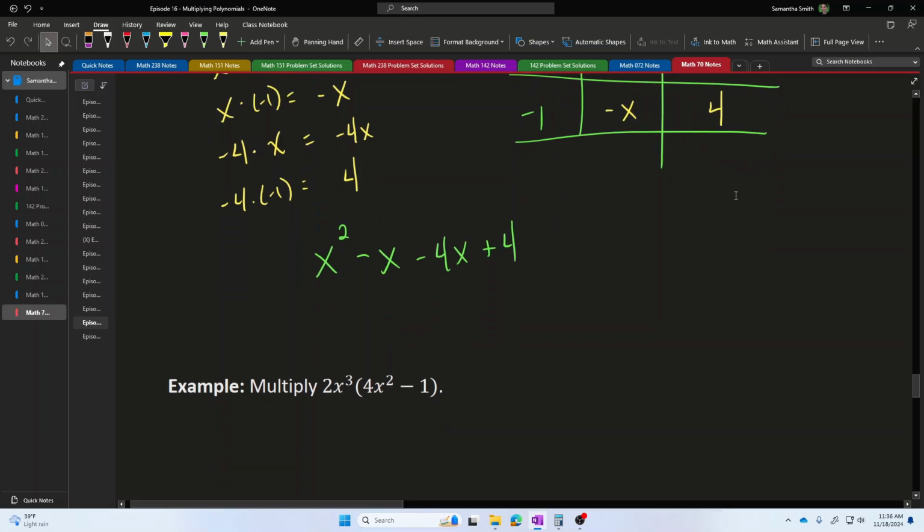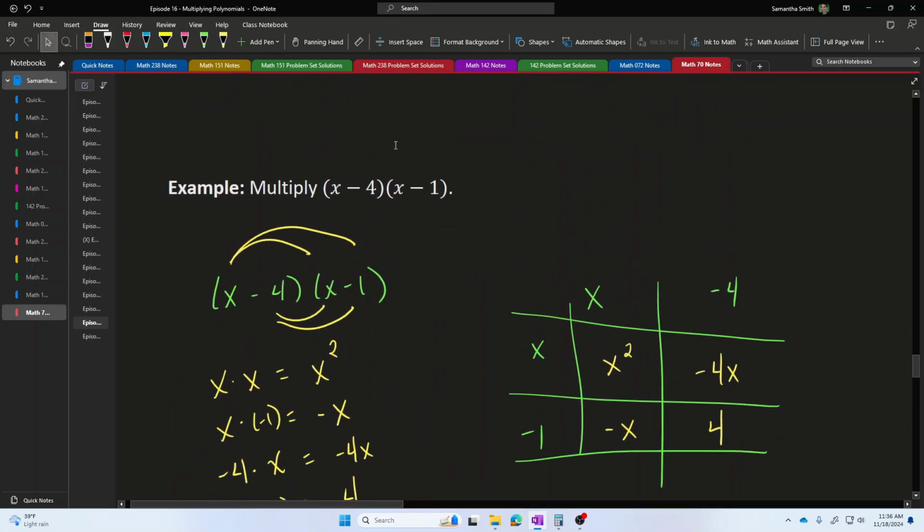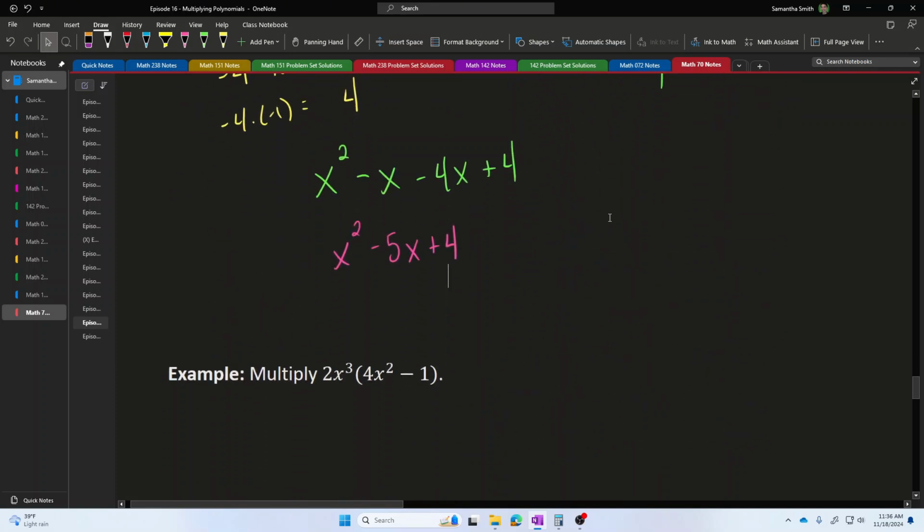And now do you see any like terms that we could combine? I think here we can combine this one negative x with these negative 4x's. If I combine those like terms, then I get a total of negative 5x's. So the result of multiplying together x minus 4 and x minus 1 is x squared minus 5x plus 4.